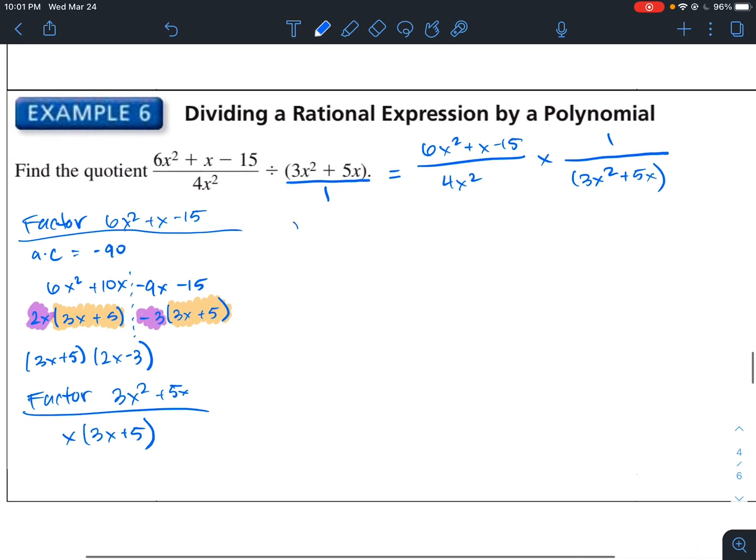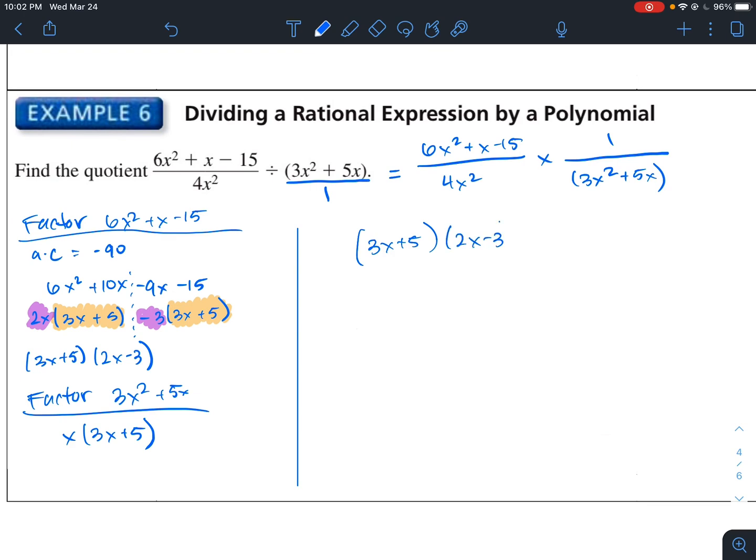Okay, so now I'm going to come over here. I'm going to rewrite all these in factored form. So this one right here is going to be 3x plus 5 times 2x minus 3 over 4 times x squared. And this is being multiplied by 1 over, or times this in factored form, which would be x times 3x plus 5.